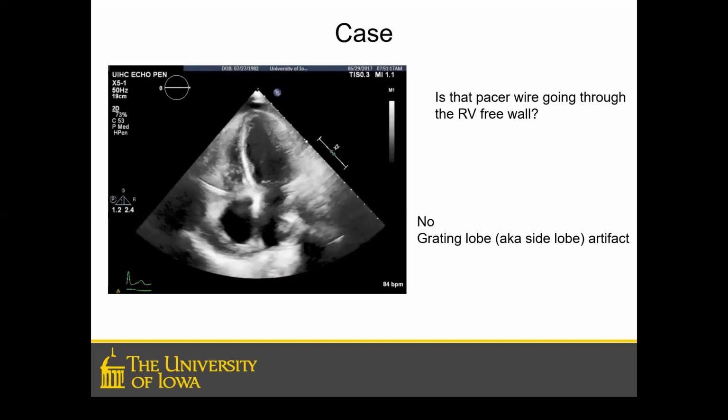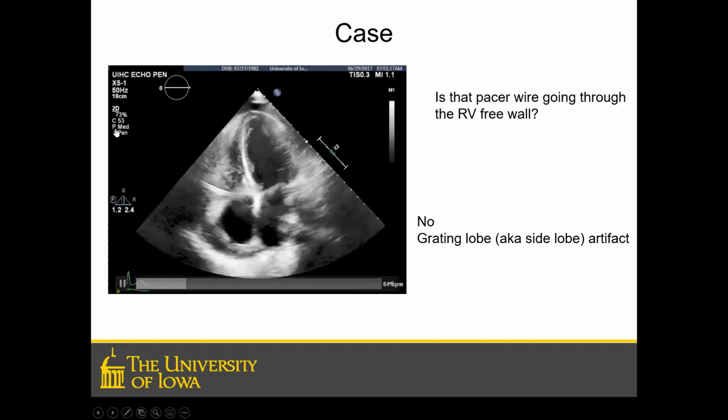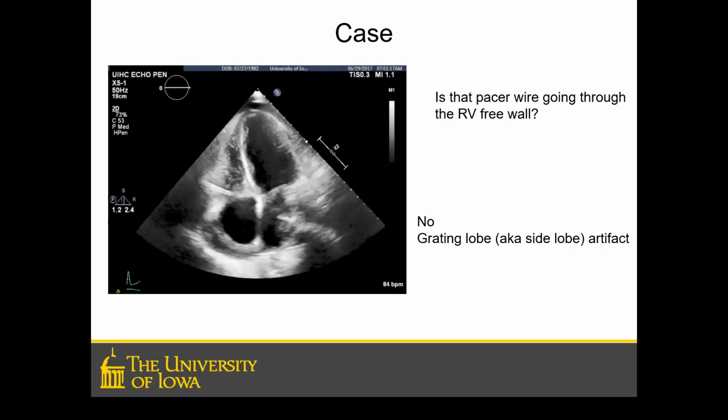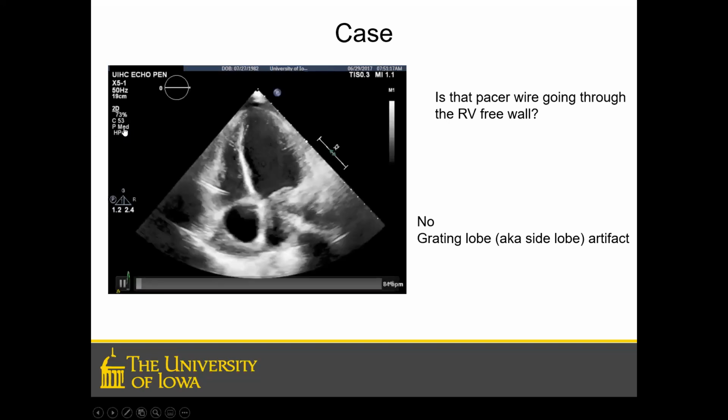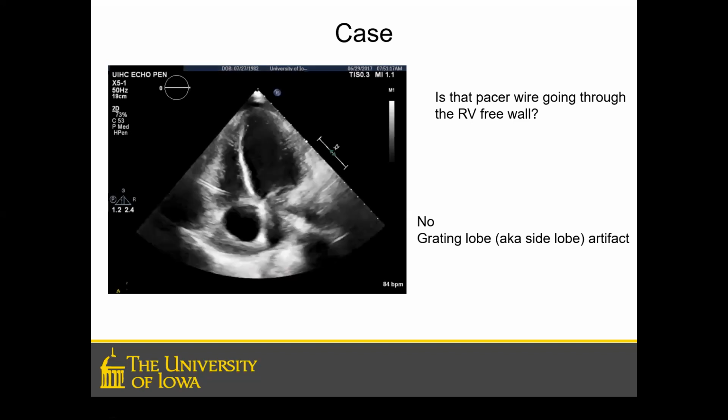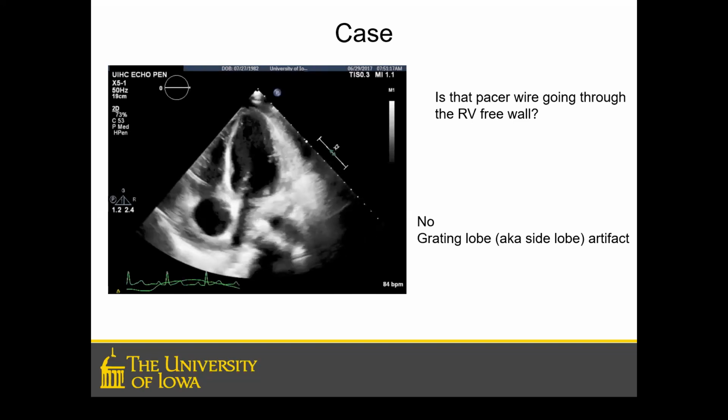So harmonics, when we're in a harmonic imaging mode, which is almost all the time, those inherently are going to have less of these artifactual echoes because they can filter out the noise better. You'll see occasionally that we go out of harmonics, maybe on a subcostal view, because harmonics tends to not penetrate as well.